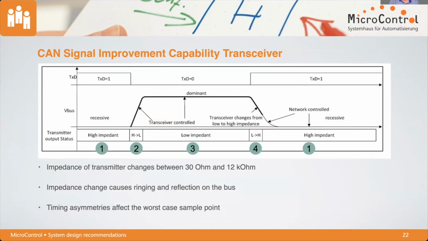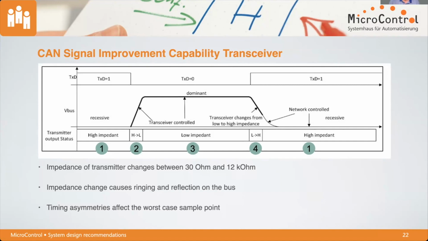So in contrast to the old-fashioned transceivers, even the standard CAN FD transceivers, which are only actively driving when they are changing from recessive to dominant level, these SIC transceivers also actively switch when they are switching from dominant to recessive level, in order to avoid timing asymmetries between the rising and the falling of the dominant bit.